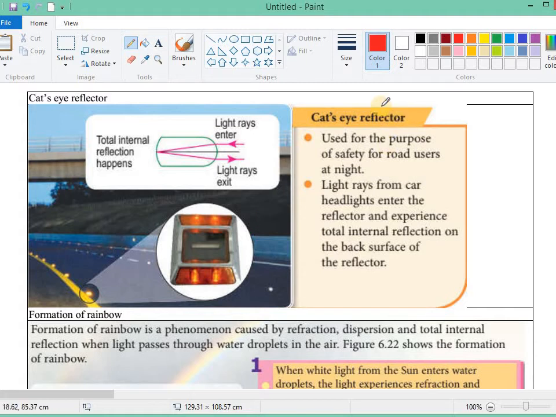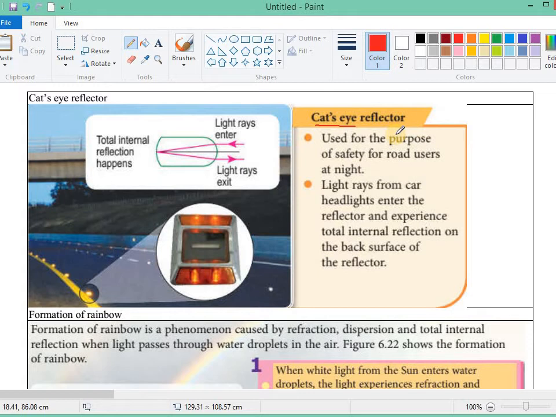So what you are seeing is actually the light from your own car. Okay. So cat's eye reflector. Why is it called cat's eye? Because if you see the eye of a cat at night, let's say you take a torchlight and shine it onto the eye of the cat, you can see that the eye of the cat is very bright.